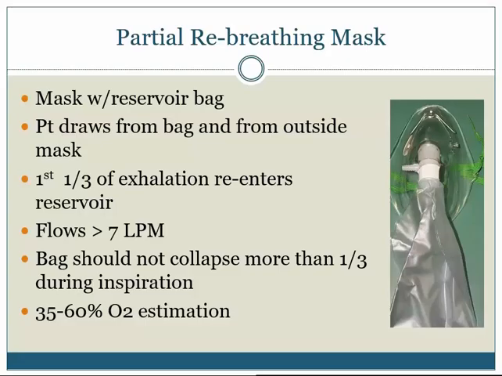And with these valves off of the mask, they are allowed to entrain some more room air. So we can put them on less of a flow rate, but the bag should still not collapse more than a third, but they are receiving less of an FiO2, between 35 to 60% estimated.